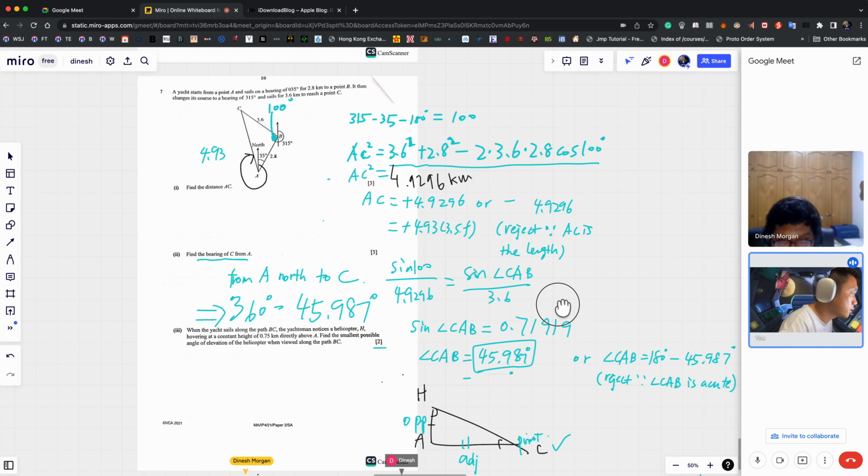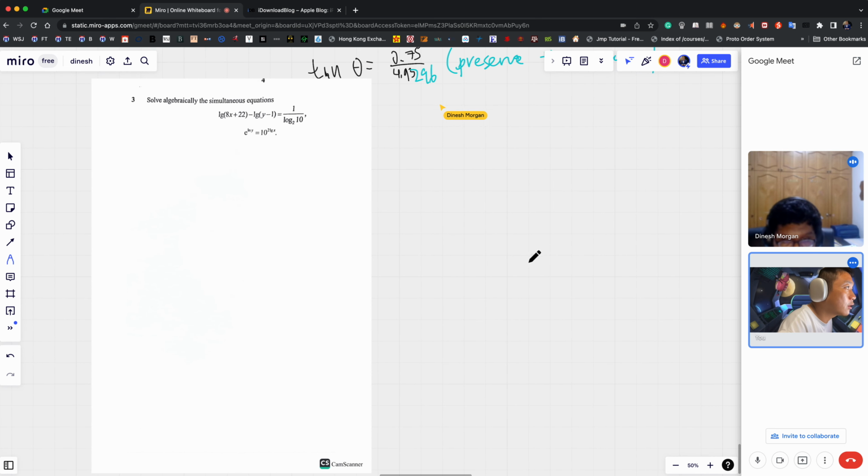Oh, log question, nice. We have not talked about log for a long time. Actually, for this question, they give you a log, and then you transform it into a simple equation.